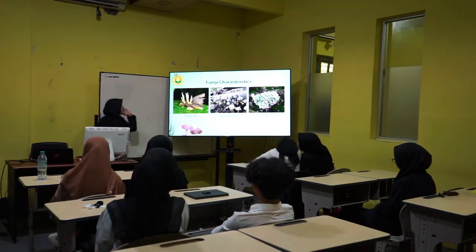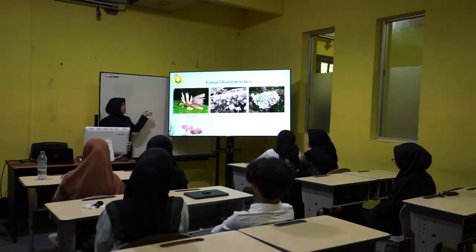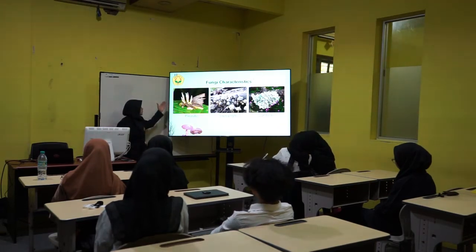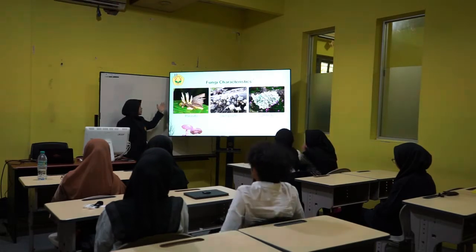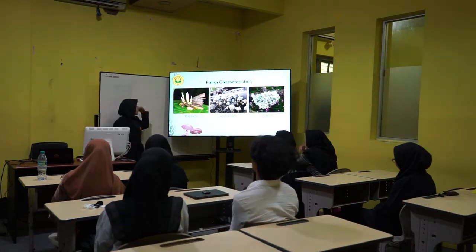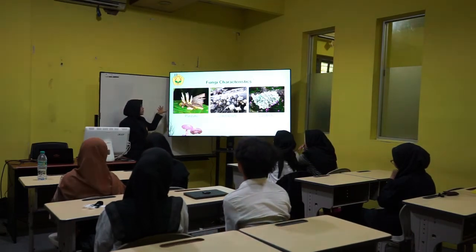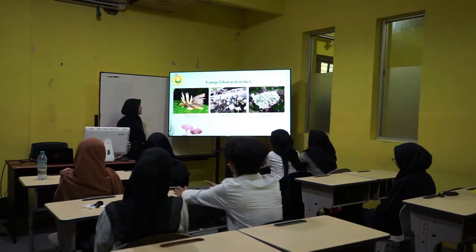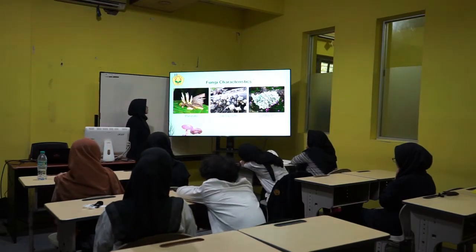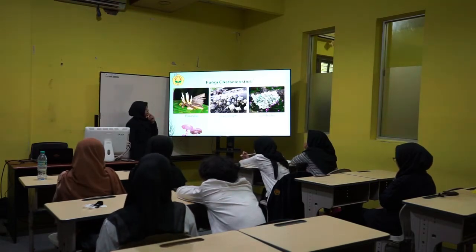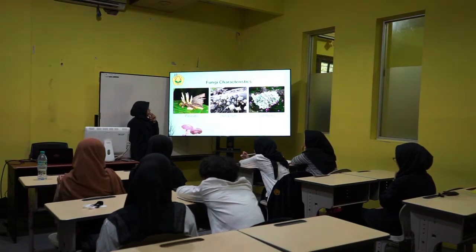Can you see these pictures? Yes. What do these pictures represent? Anyone who wants to answer, can you describe what happened in this picture? Okay, Ilma. In the picture, there are moths that were killed or infected by fungi, maybe.